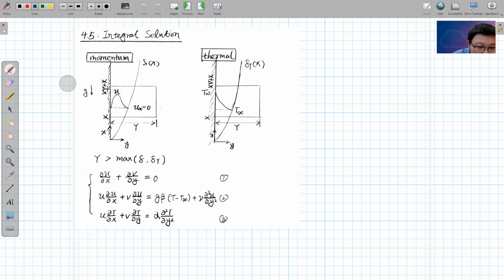So we can integrate the momentum equation on this control volume here. We can also do the thermal boundary layer, where the temperature decreases monotonically from the wall temperature to the free stream temperature.